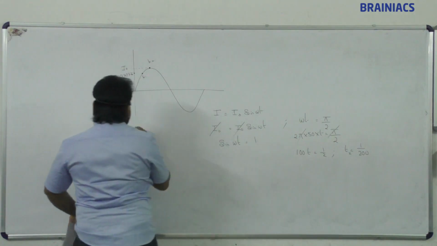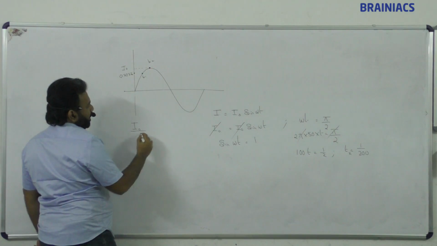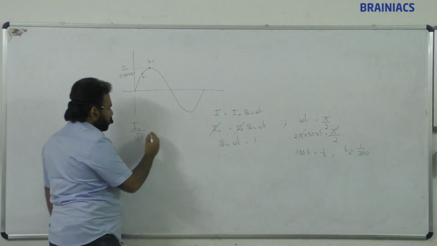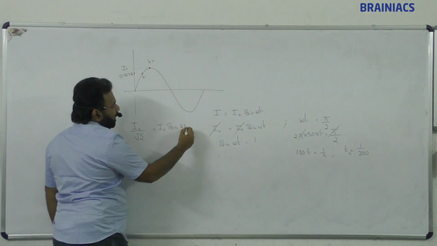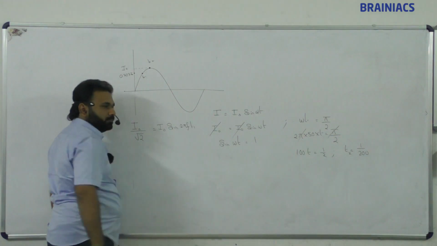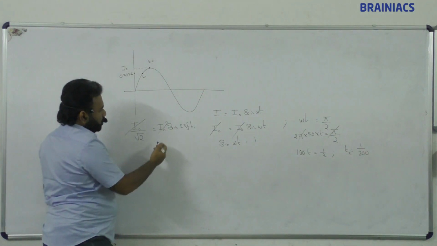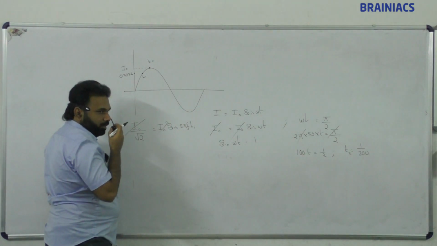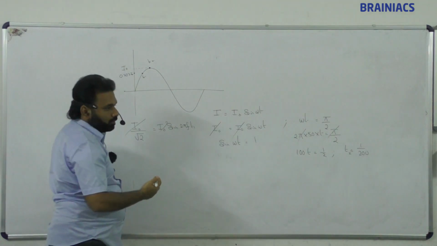IRMS is nothing but I0 by root 2, correct? I0 by root 2 is equal to I0 sin 2 pi f T1. For 1 by root 2 to come, this must be pi by 4.